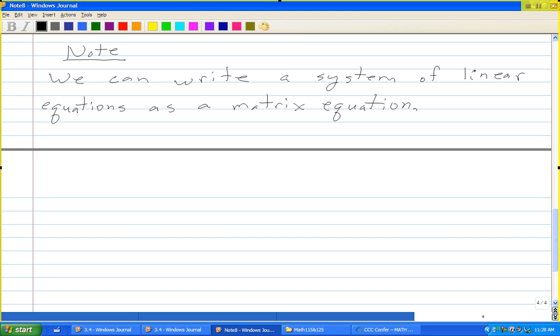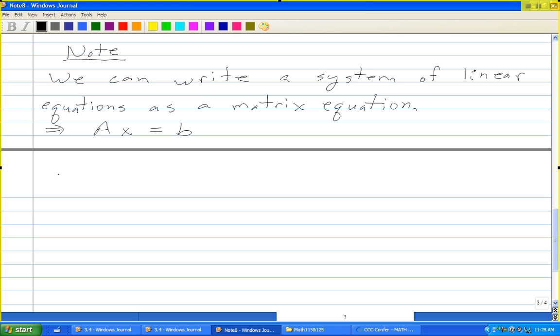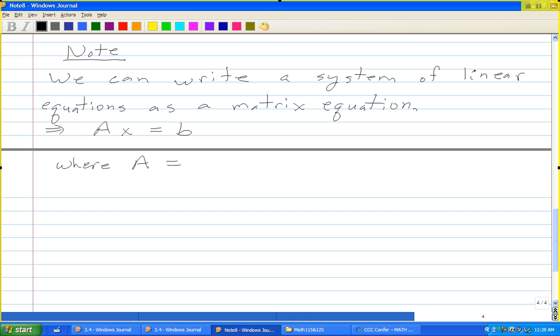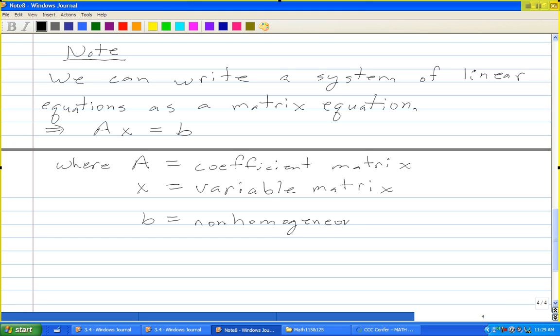And so I can write the system as AX is B, where A is the coefficient matrix, X is the variable matrix, and B is this non-homogeneous matrix.